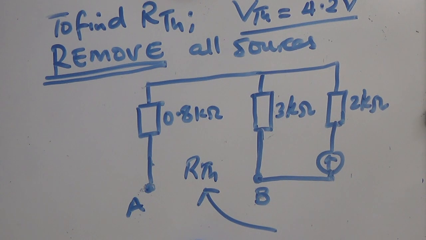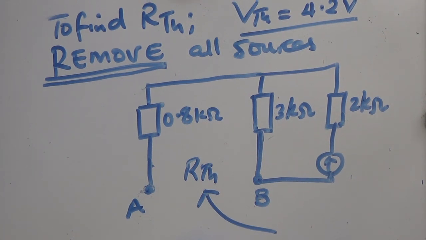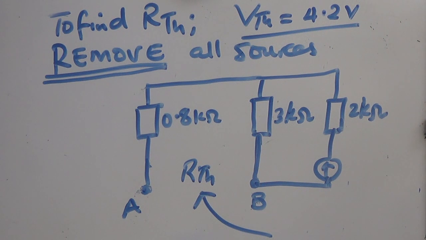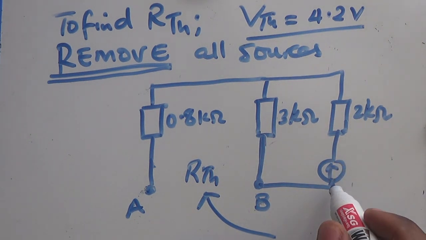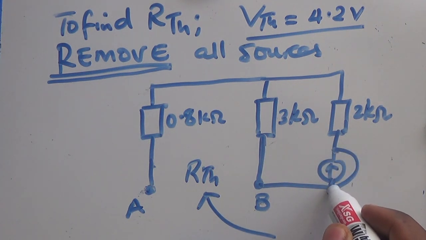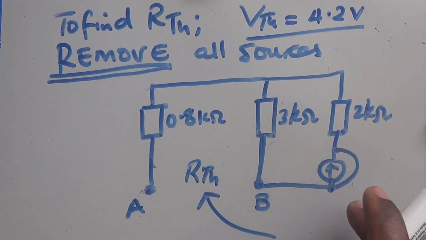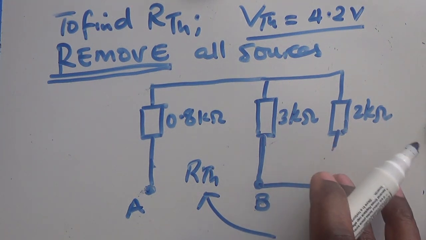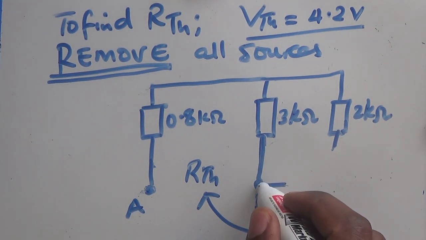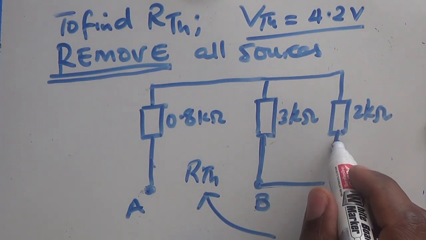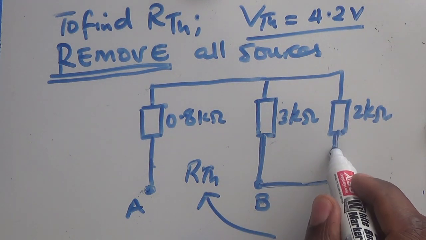It's gone. And the voltage source we short circuit. We put a wire here and another wire here. So this is what we remain with here.